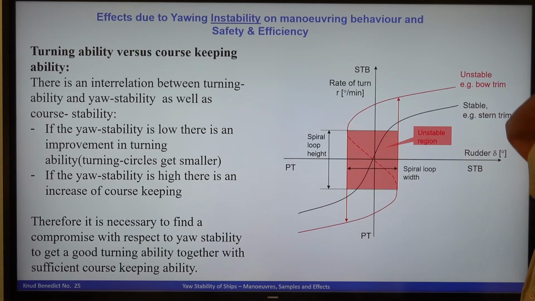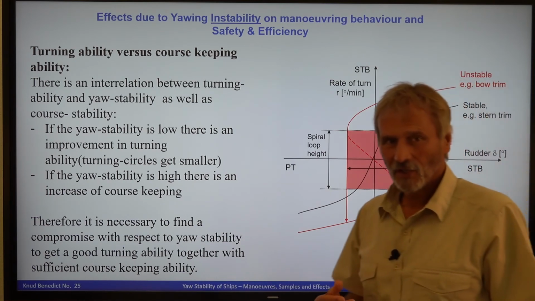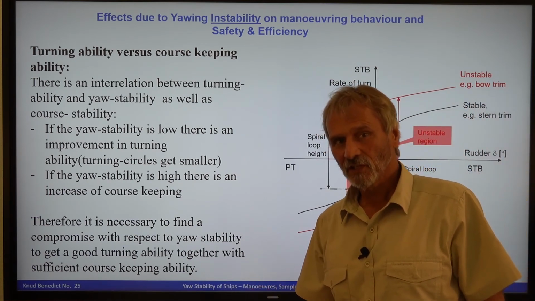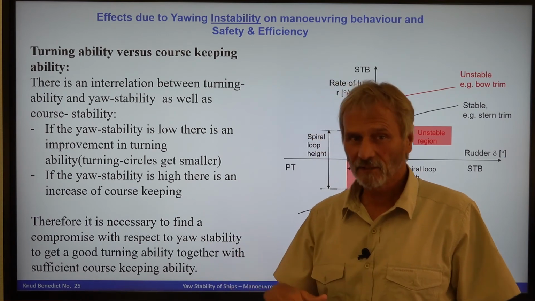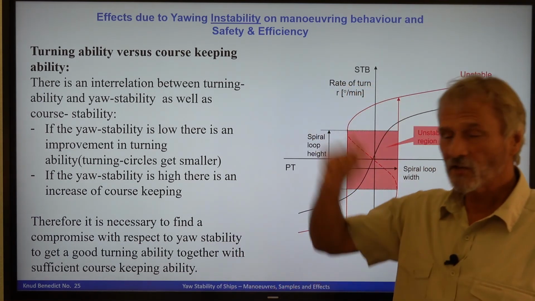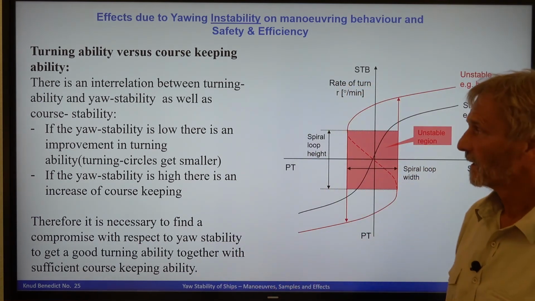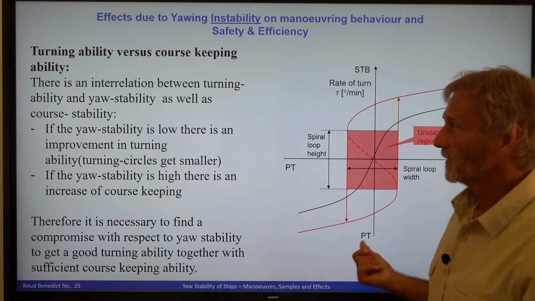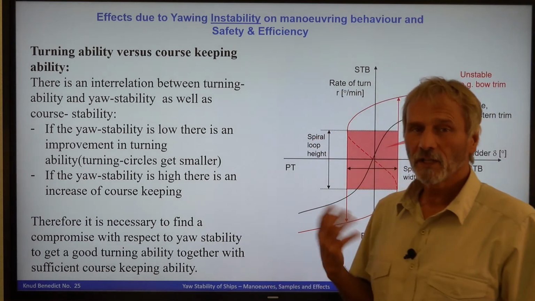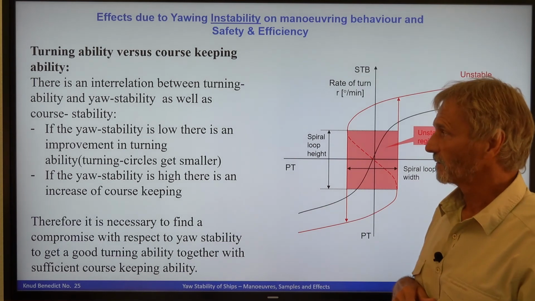This might come to the question: is yaw stability good or bad? Is it better to have high stability or low stability? There's an interrelation between turning ability and yaw stability.